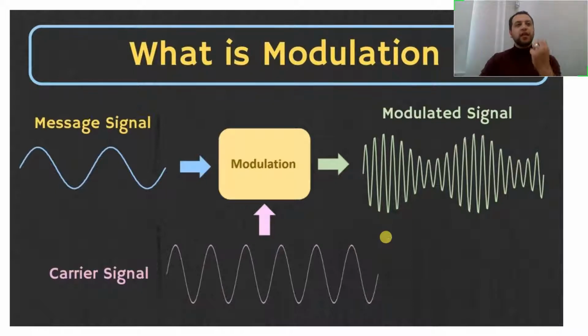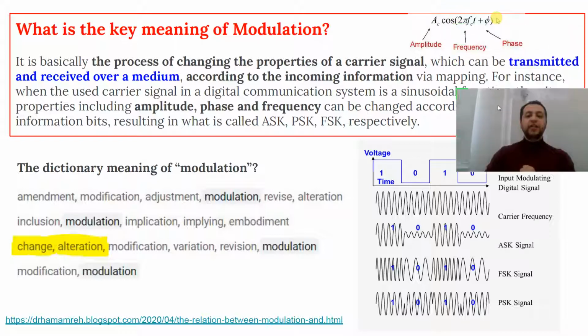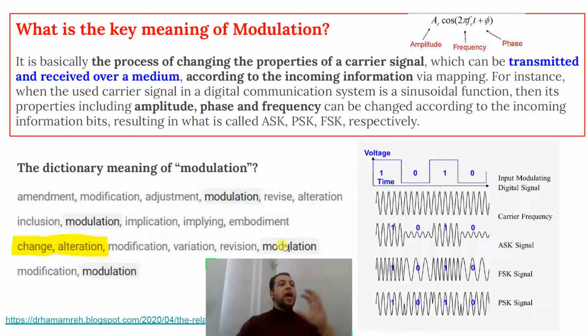So if this is not the full, generic meaning of modulation, then what's the meaning of modulation? So modulation, in simple terms, if you look at Google Translate and put in the word modulation, or look in the dictionary, what alternative words will you find for modulation?